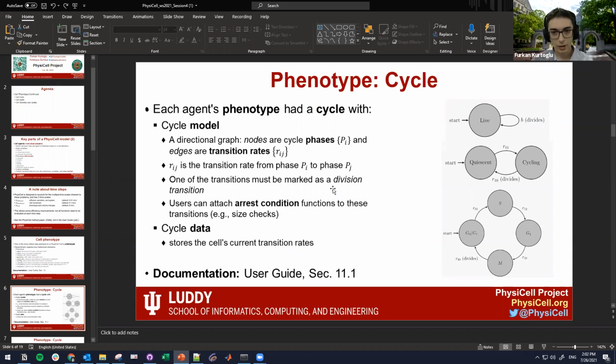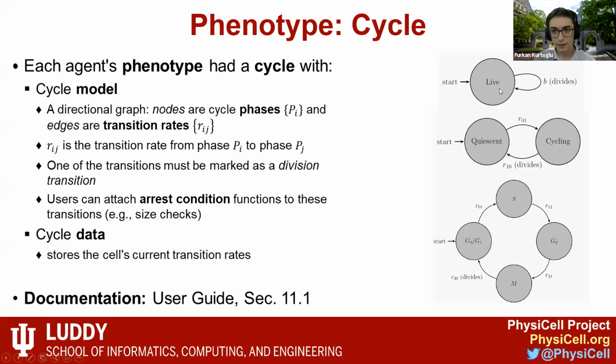the cycle model. And the cycle model has phases, like you can see here is live, and the phase length is a transition rate between the phases. And this phase transition rate can be specified and defined. And also we have arrest functions that could be very useful if we want to arrest at one transition to the others.